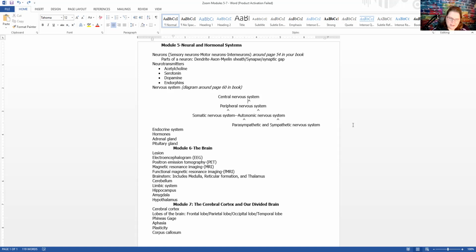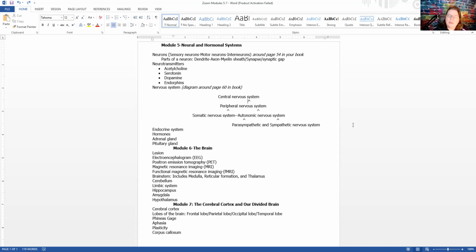Your peripheral nervous system are the sensory and motor neurons that connect your central nervous system to the rest of your body. The peripheral nervous system are all the nerves that run from your spine to the rest of your body that enable you to be able to do things. Your peripheral nervous system is split up into two different systems. You've got the somatic nervous system, which controls your skeletal muscles for voluntary movement.